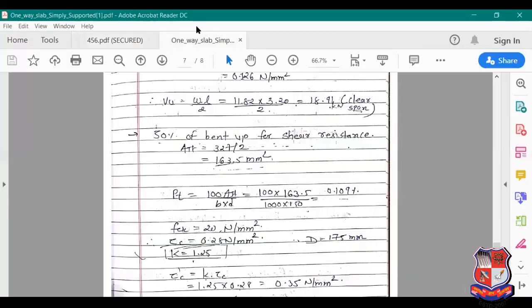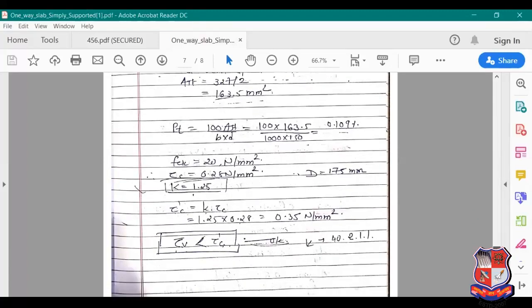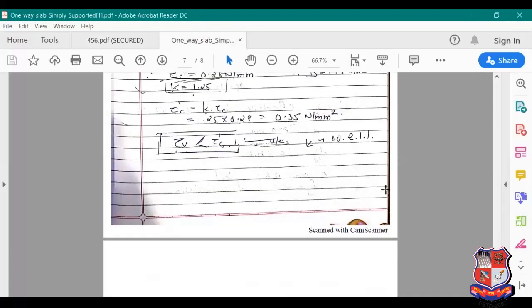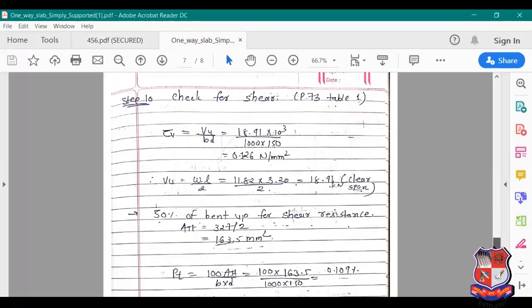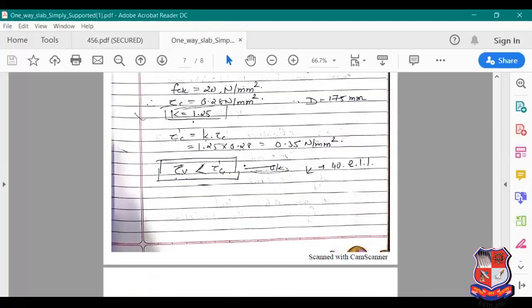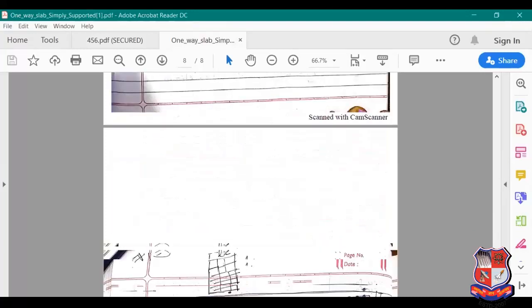So k is equal to 1.5, then tau dash c is equal to k into tau c, as mentioned in the clause. My tau v was 0.126, and my tau dash c is equal to 0.35, which is okay.